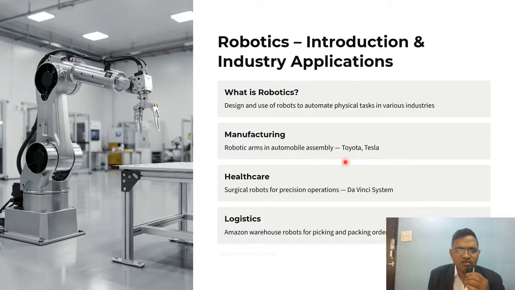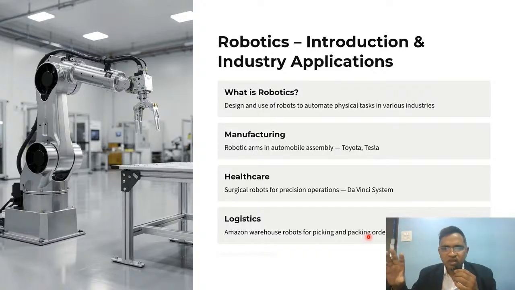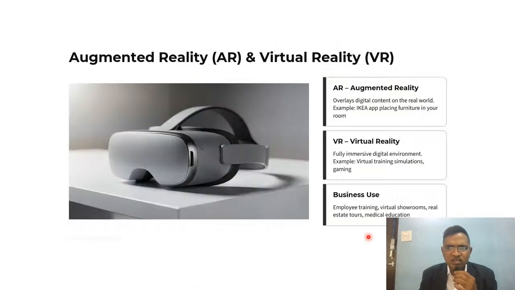In the healthcare system, to perform operations, the Da Vinci system is used. Then logistics: different products are stored in a warehouse or storeroom, and robots pick up and pack them. So this is robotics. When it is asked in the exam, you have to write all these things.